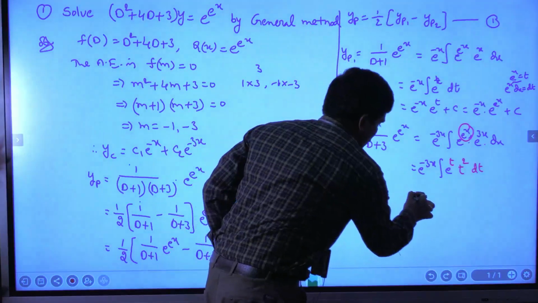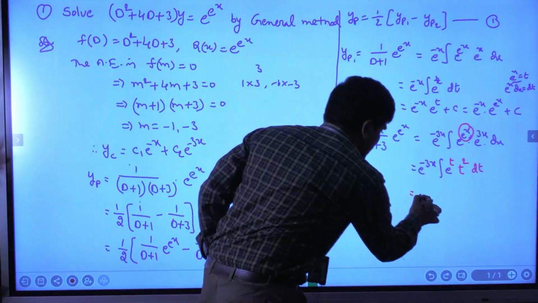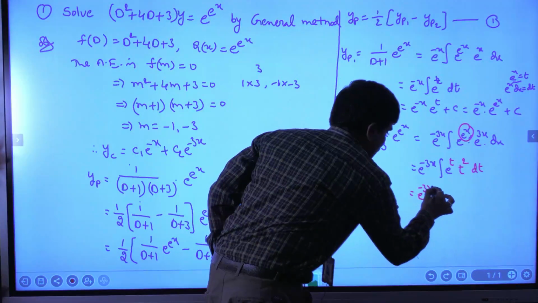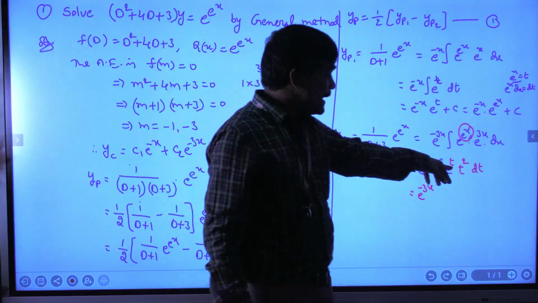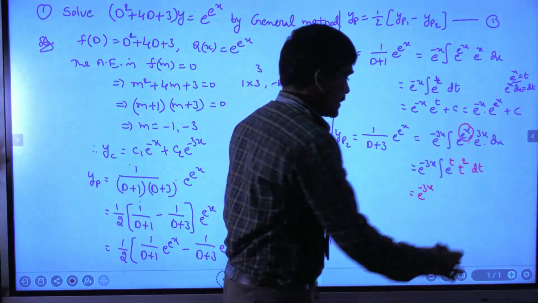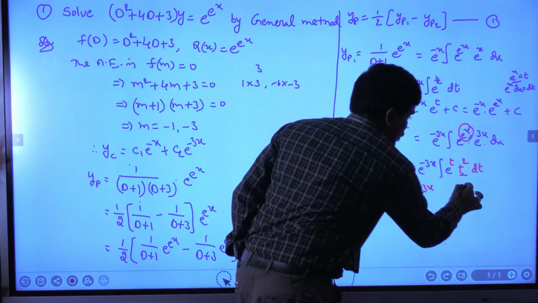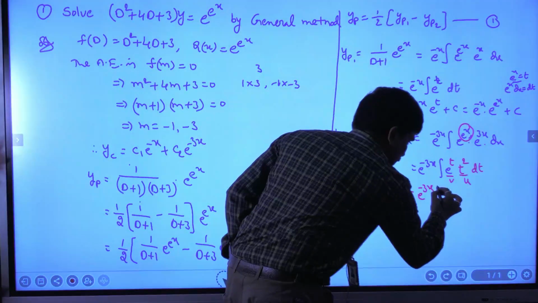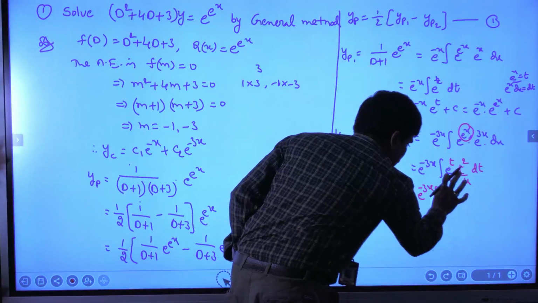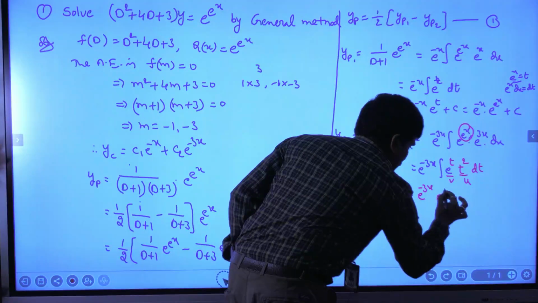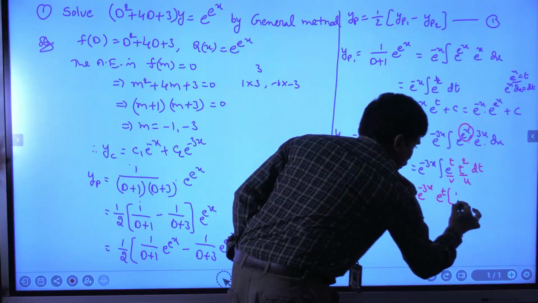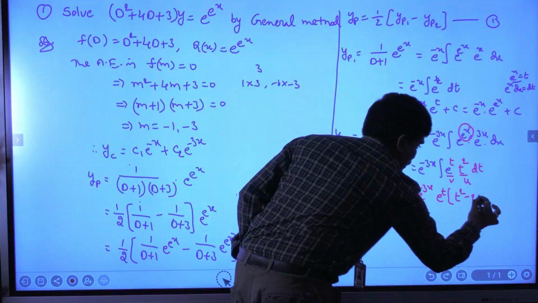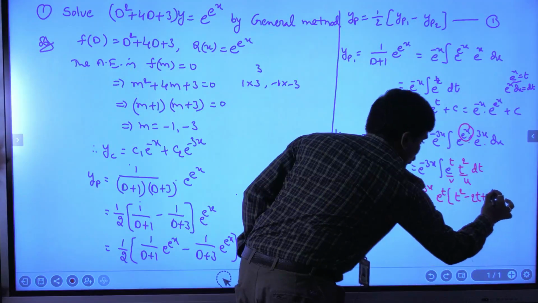Now the solution. So the integral of this function, e^(-3x) times, by integration by parts, this is considered as u and this is considered as v. By taking integration by parts, here we get e^t into (t square minus 2t plus 2).